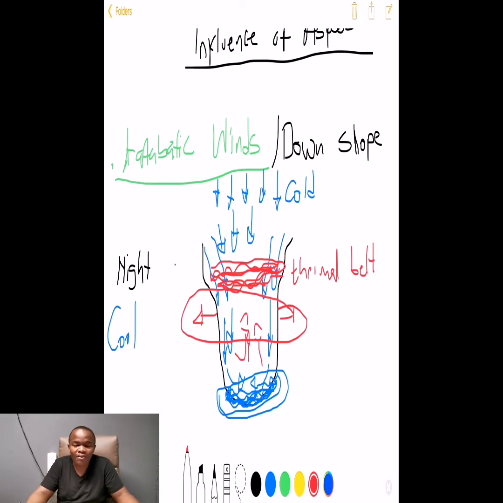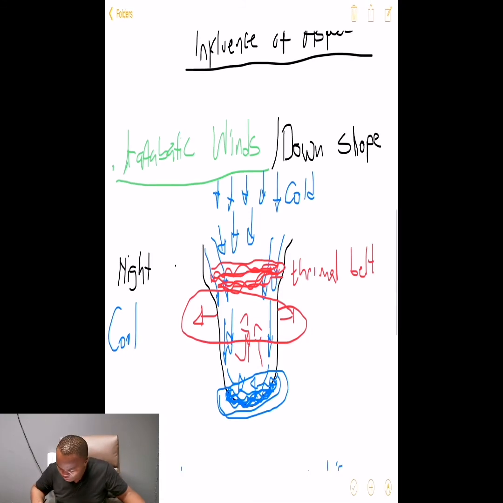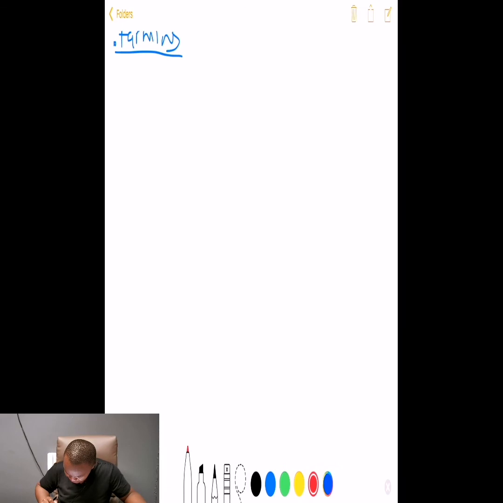Again, that is a negative impact of the katabatic winds. So you need to know the influence of katabatic winds on farming, on settlement, and also on transport.